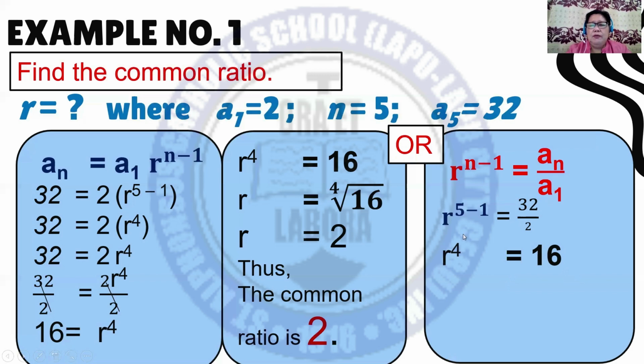Then extract the fourth root to solve for the value of r. So the fourth root of 16 is 2. If you would like to use this formula in solving for r, you can do it. Or if you would like to use this formula, you can also use this.